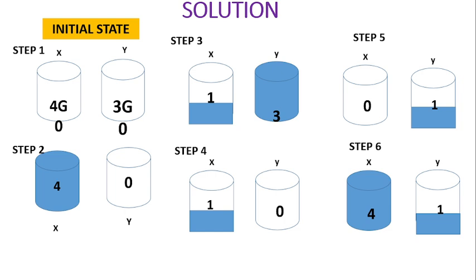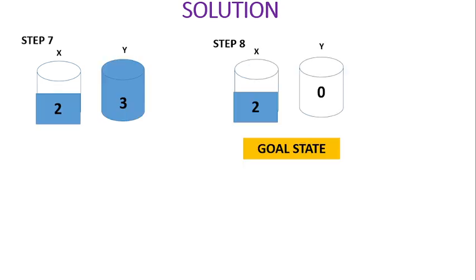So if we transfer the 4 gallons of water, only 2 is possible. Therefore 2 is left in X. So X contains 2 gallons and Y contains all 3 gallons, right? That is step 7. So step 7 is 2 comma 3.